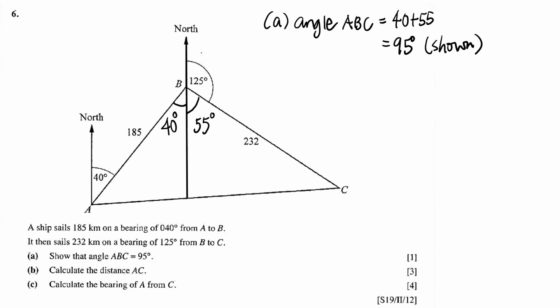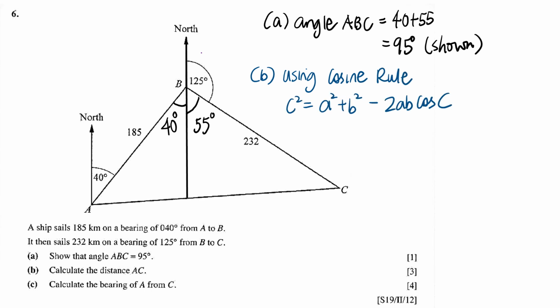So how do we calculate the distance AC? This is where we will have to use the cosine rule. So what is the cosine rule? Basically, the cosine rule is c squared equals a squared plus b squared minus 2ab cosine C. Let's label all three sides.